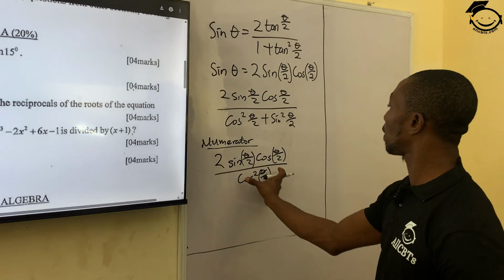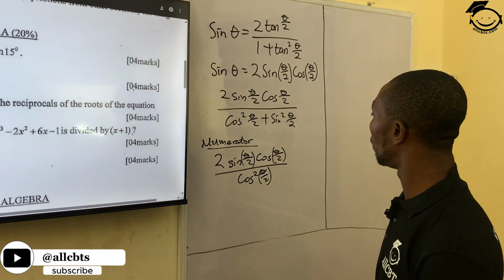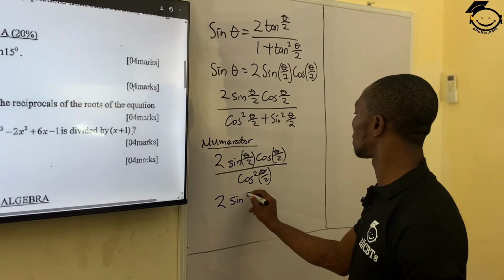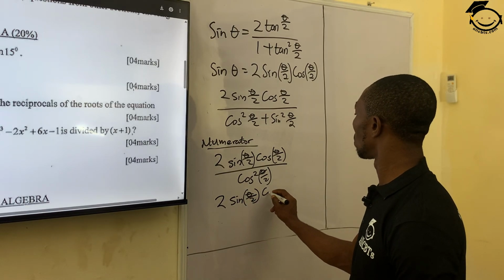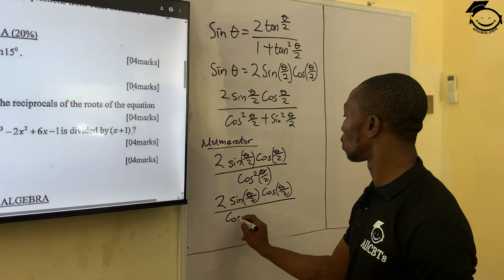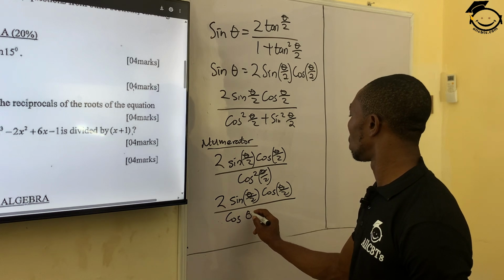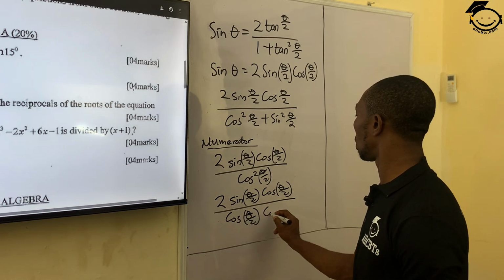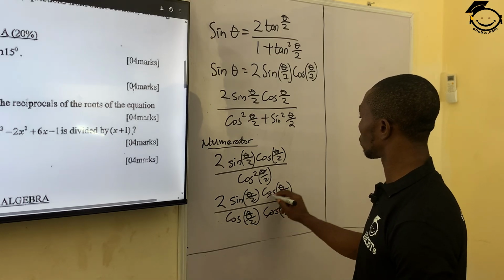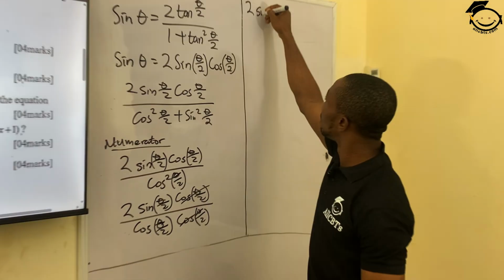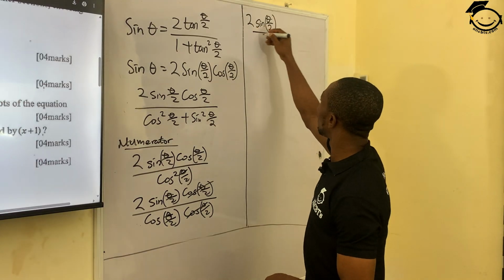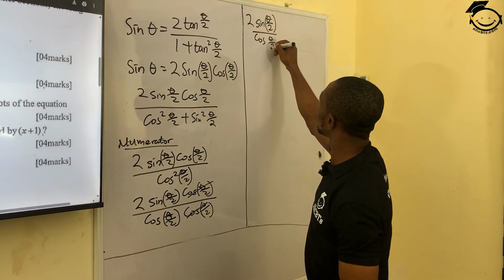Okay, now this can be shared to both. So this becomes 2 sine theta over 2 cos theta over 2 all over cos theta over 2 cos theta over 2. Now this will cancel this, leaving us with sine theta over 2 all over cos theta over 2.